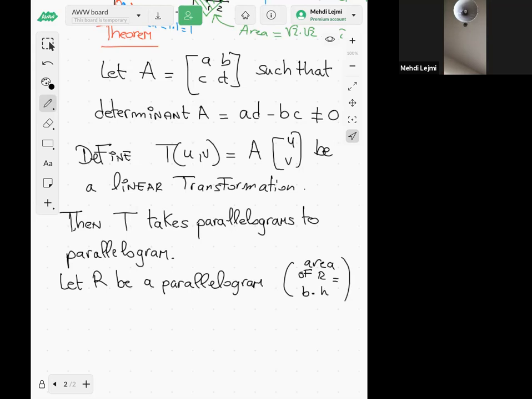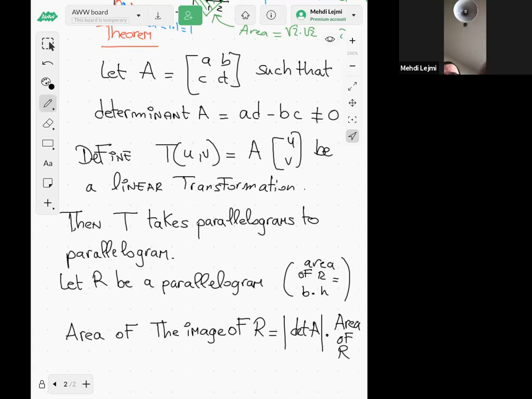Anyway, if you have this parallelogram R, then the area of the image of R by T is equal to the absolute value of the determinant of A times the area of R.